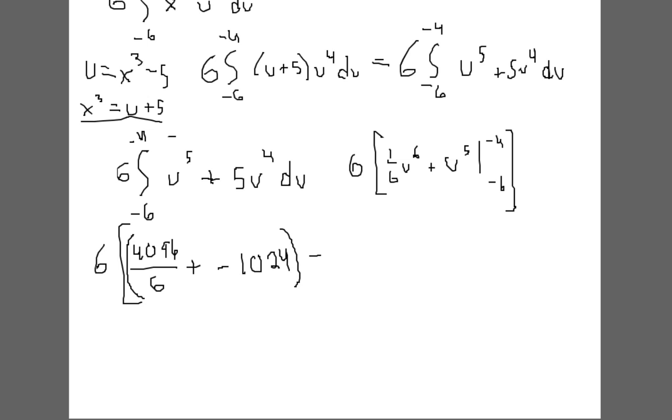Quantity -6 to the 6th, divide by 6, 7,776 plus u to the 5th, which is going to be quantity -6 to the 5th. Yeah, I still got that to be 0.